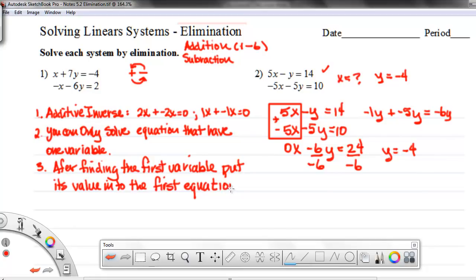So if you need to pause the video to finish writing this down, go ahead and pause it, and then when you're ready we'll go on to the next part.